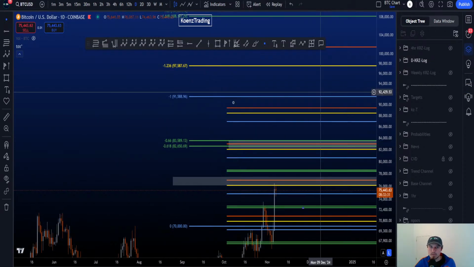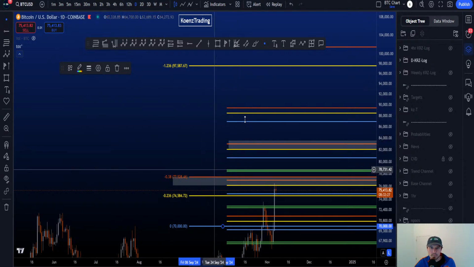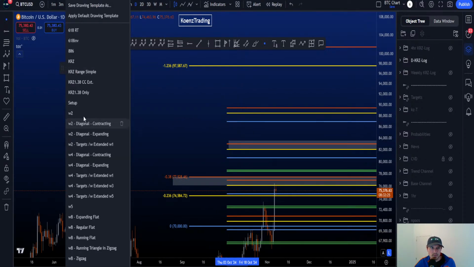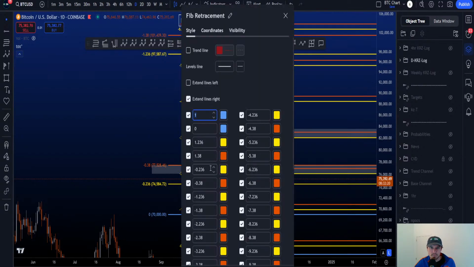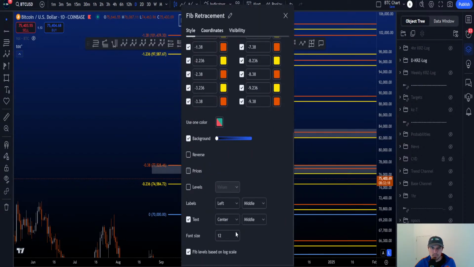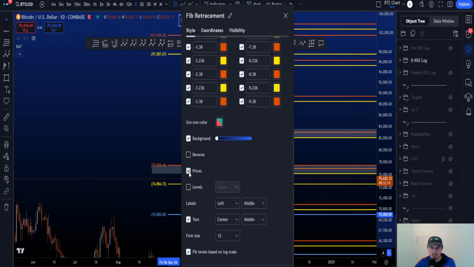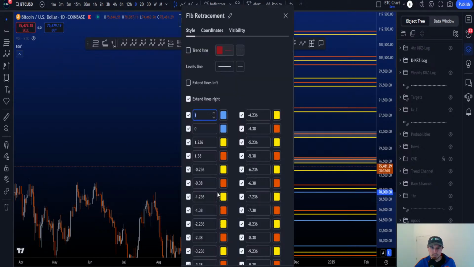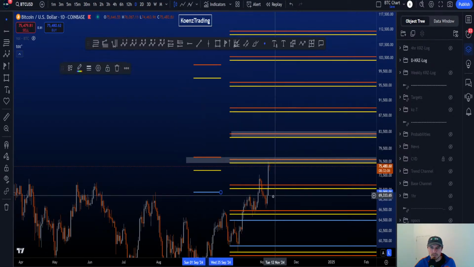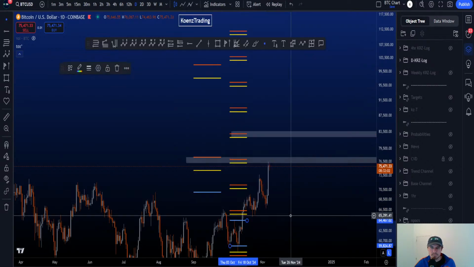Okay. And back to normal. I might just save my templates without levels and price, and without the extended lines. There we go.